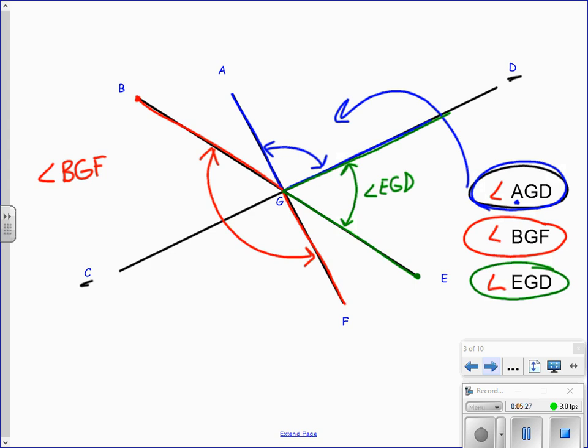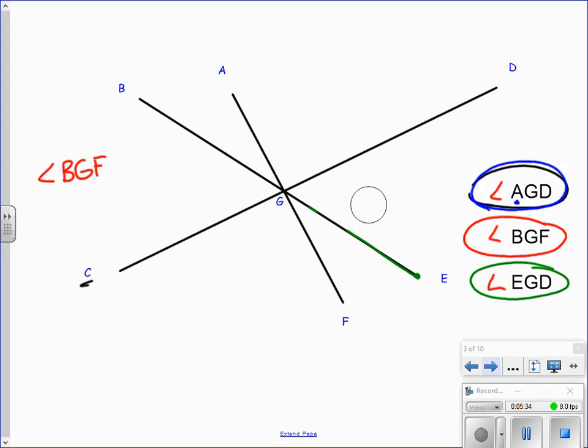So if you wanted to, let's get rid of these, and say you wanted to, while you're sitting there right now, what would you write down for this angle here? So from here all the way down to here.